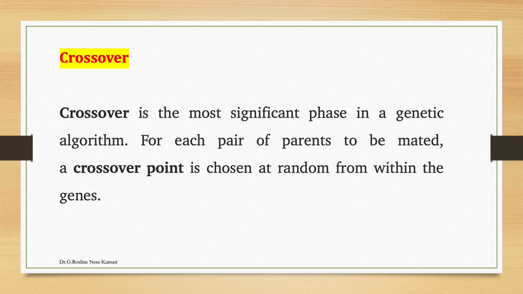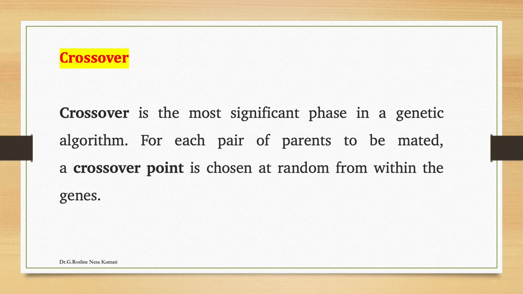The next step is crossover. Crossover is a genetic operator used to vary the programming of a chromosome or chromosomes from one generation to the next. It is a more significant phase in the genetic algorithm.